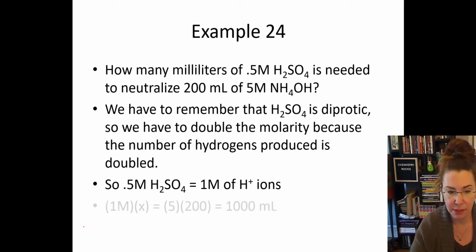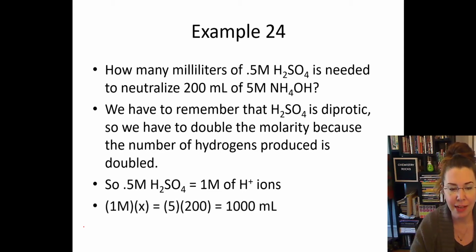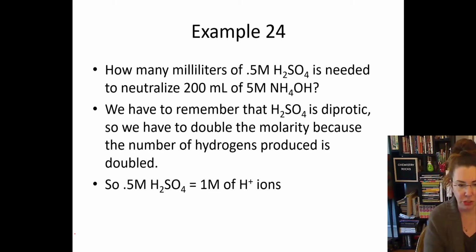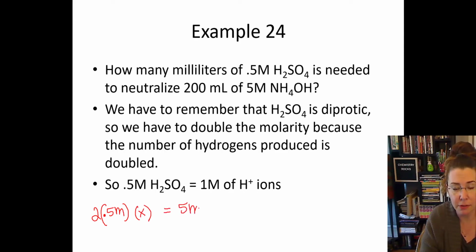ions. So when I work that out, I'm actually going to show this a little bit of a different way. I've got my 0.5 molar. I'm going to multiply that by 2 because it's diprotic, okay? And we're solving for X. And then we've got 5 molar ammonium hydroxide times 200 milliliters.